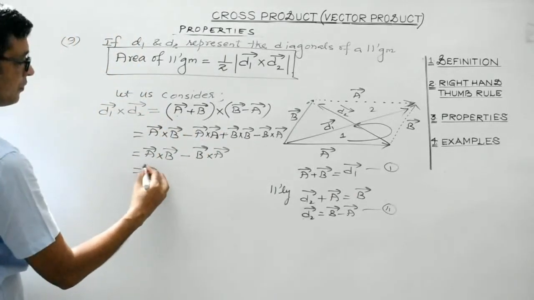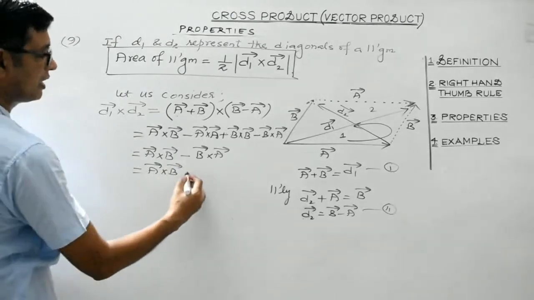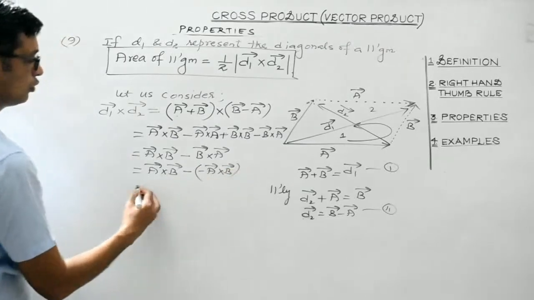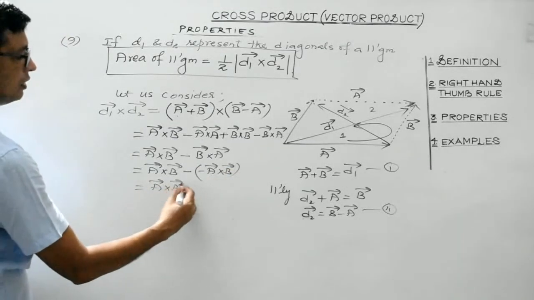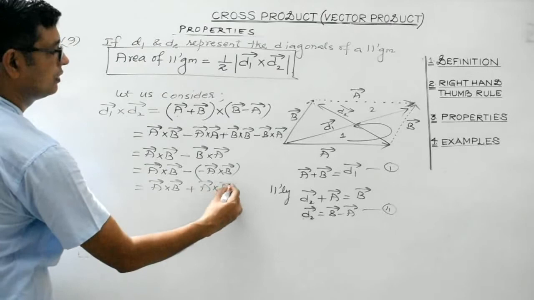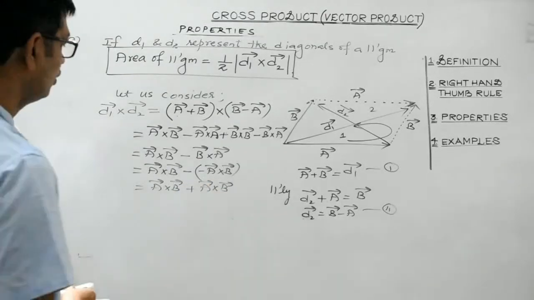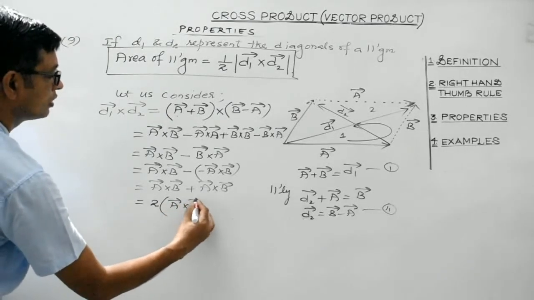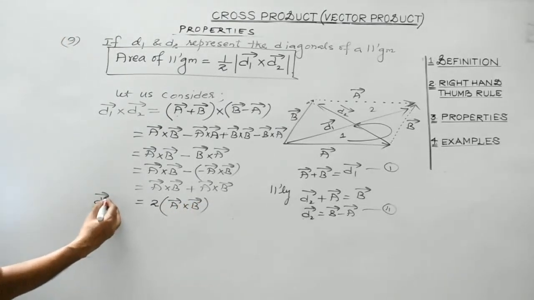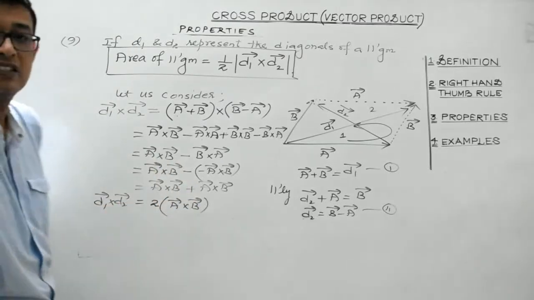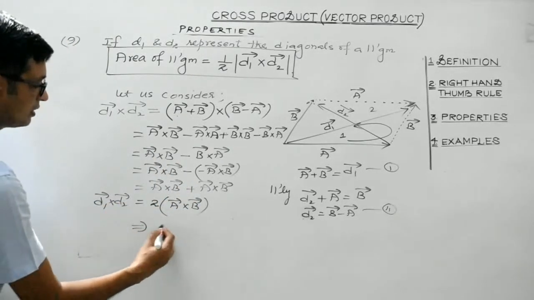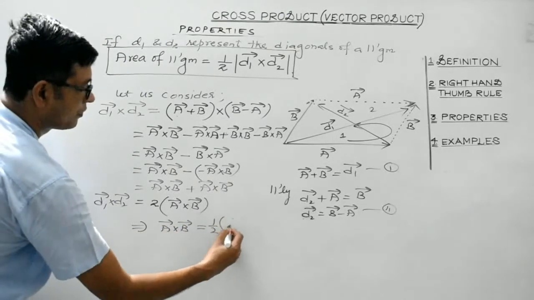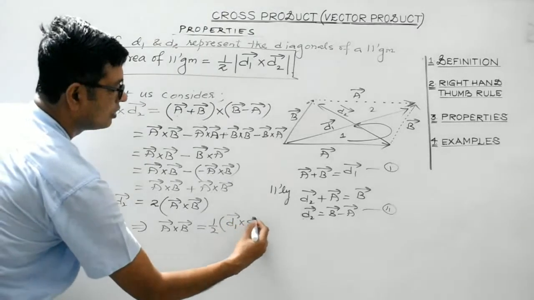So minus b cross a may be written as plus a cross b. So what we get is a cross b plus a cross b, that is twice a vector cross b vector. Therefore d1 vector cross d2 vector equals twice a cross b, which implies that a vector cross b vector is equal to half d1 vector cross d2 vector.